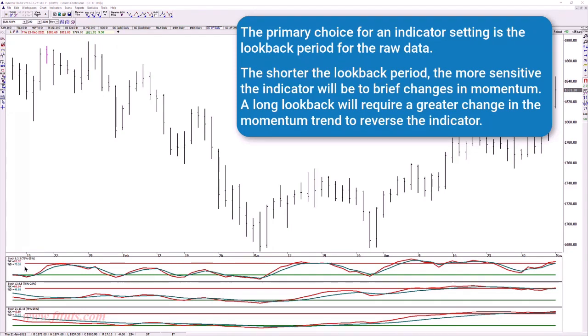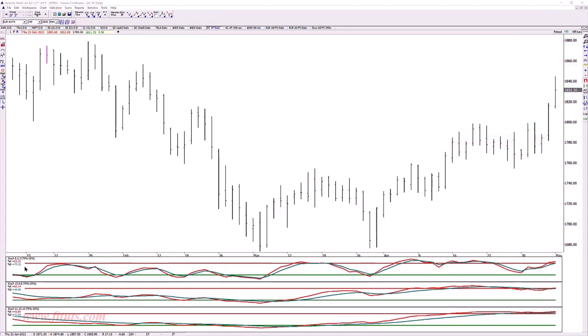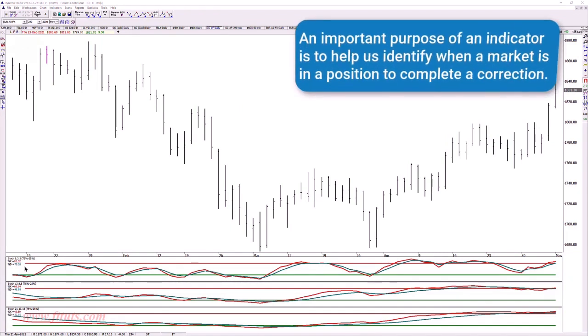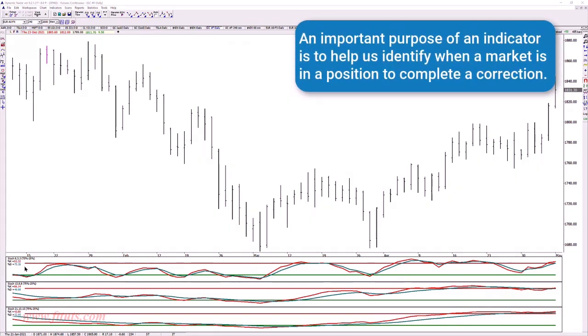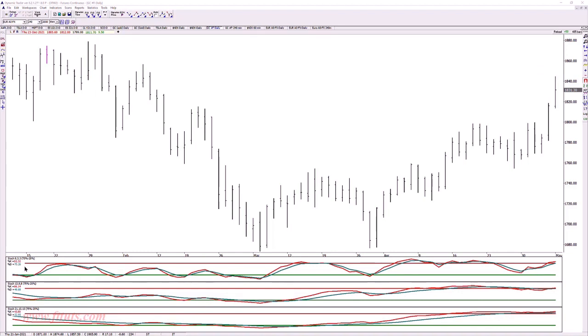So a couple of things also to emphasize before I get started is one of the primary purposes of the indicator is to help us identify the end of a correction. Why do we want to get real good at identifying the ends of a correction? Well, when a correction is complete, the trend prior to the correction should continue to a new extreme.